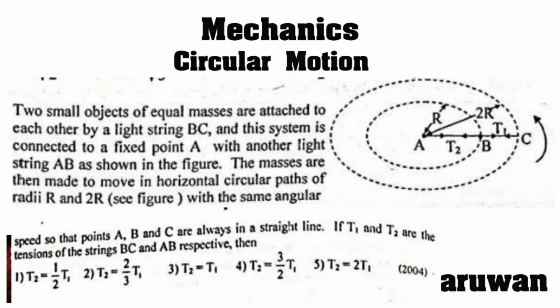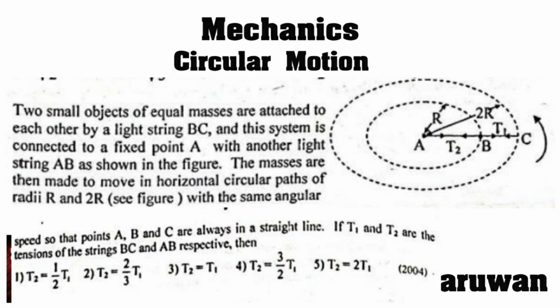Two small objects of equal masses are attached to each other by a light string BC, and this system is connected to a fixed point A with another light string AB, as shown in the figure.